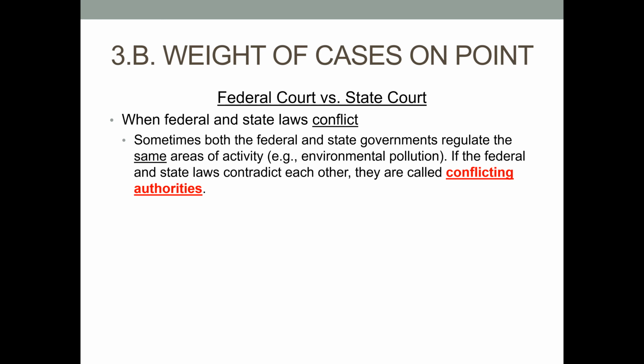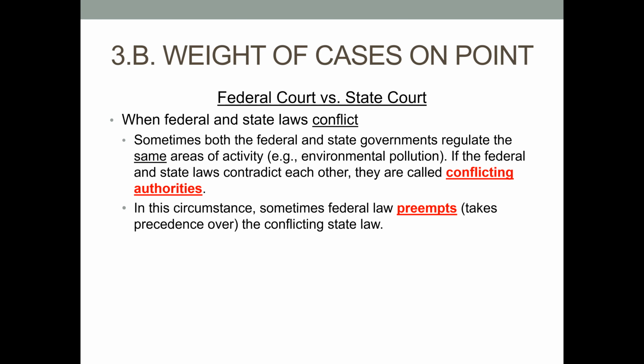Now, if you get in a situation where these two laws are contradictory or conflict, you have what are called conflicting authorities. In this circumstance, it's not automatic, but sometimes federal law will preempt, that means trump or take precedence over, the conflicting state law.